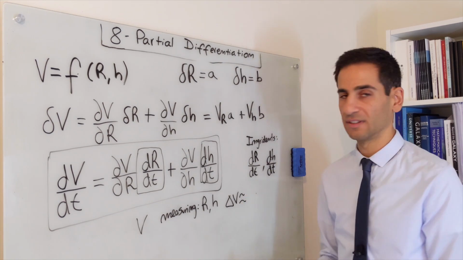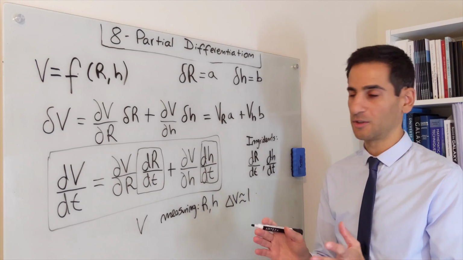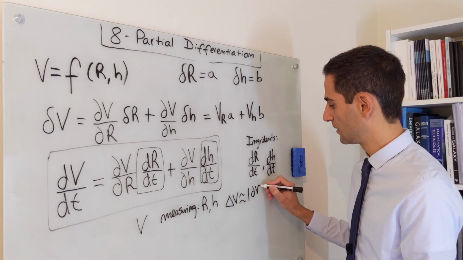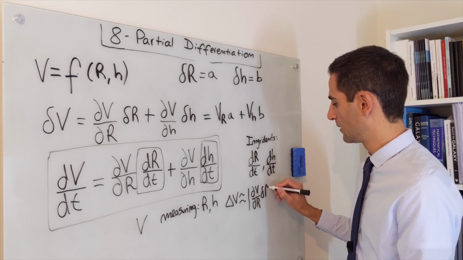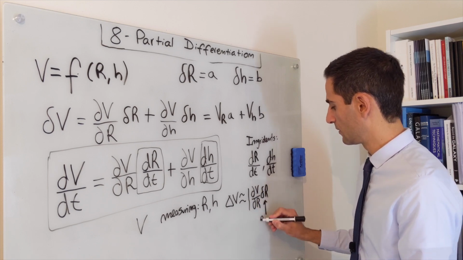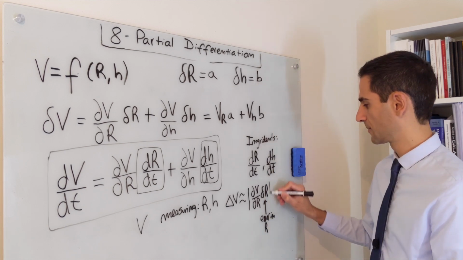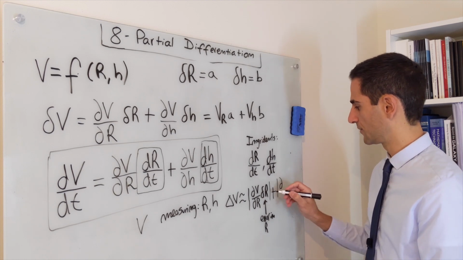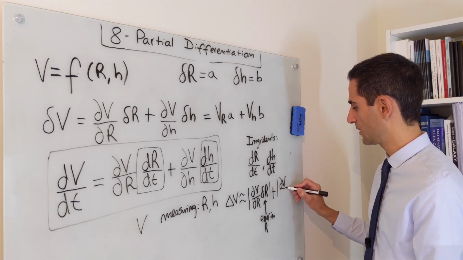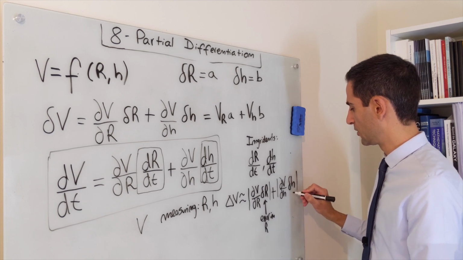You can approximate it, this is one way, essentially by looking at the sum of the modulus of dV dr times the error in your measurement of the radius plus the modulus of the partial derivative of V in respect to H times the error in H.